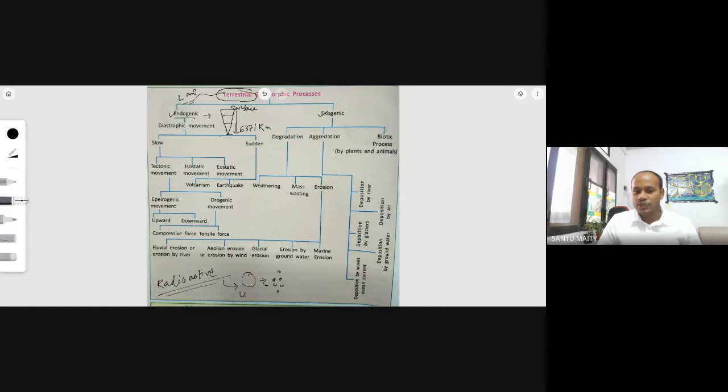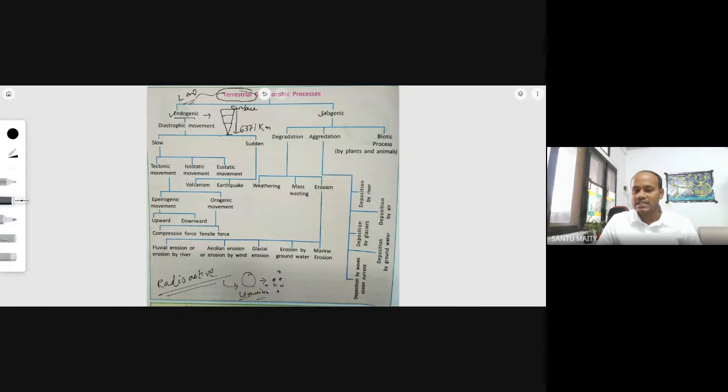As for example, uranium will disintegrate into smaller units, from molecule to atom.